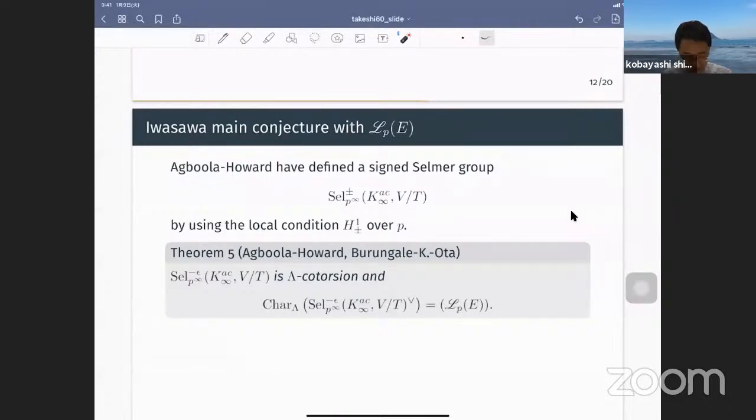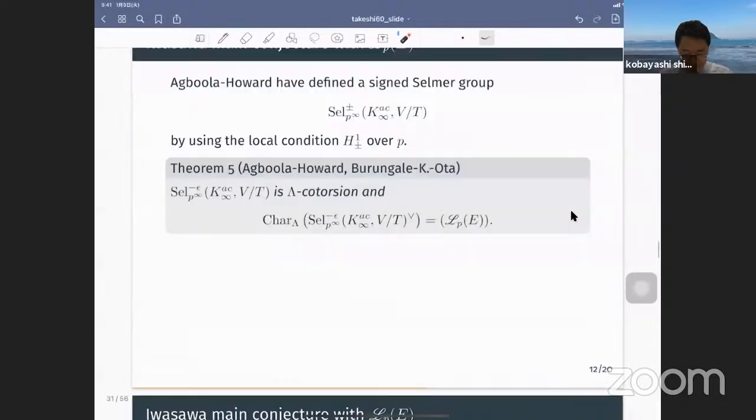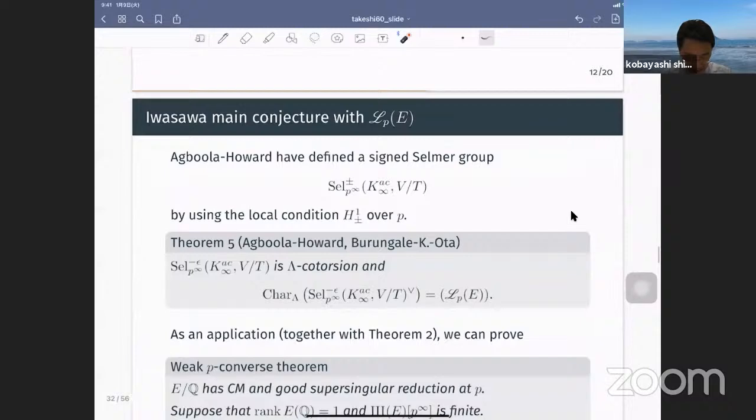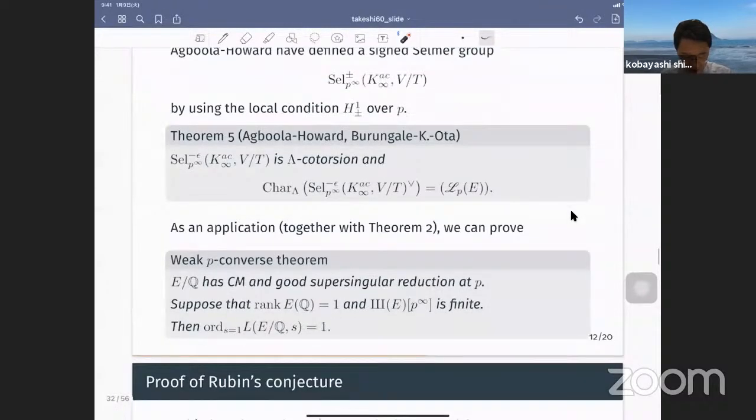So the proof is completed. And as an application, together with theorem 2, the interpolation formula for the trivial character, we can prove a weak p-converse theorem. So let E over Q be a CM elliptic curve with good supersingular reduction at p.